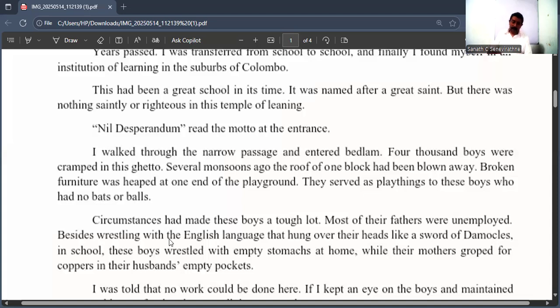The writer's voice about that Colombo school is too much sarcastic.